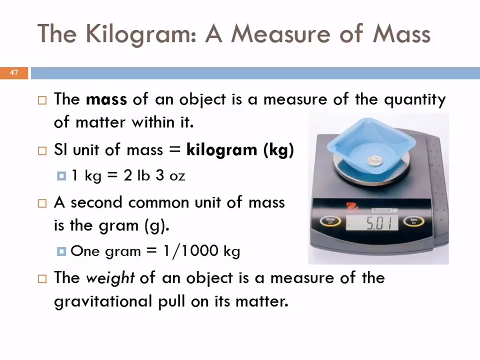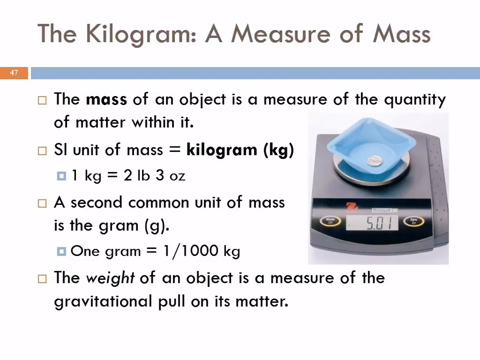So if you're 100 pounds on Earth, you're not going to weigh 100 pounds on the moon. You're going to weigh about 1/6 of that. You can actually have a small difference in your weight even on the planet Earth if you go to different places on the Earth. The gravitational pull is slightly different, and so your weight is slightly different.